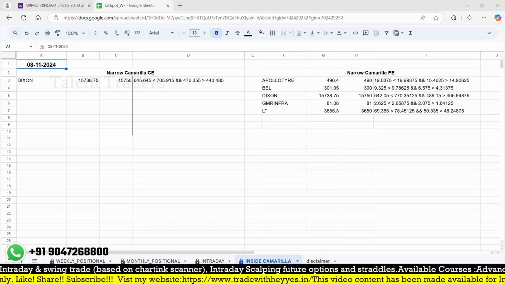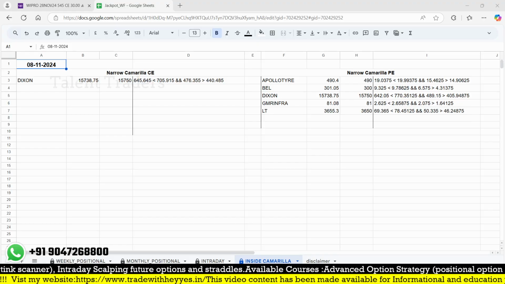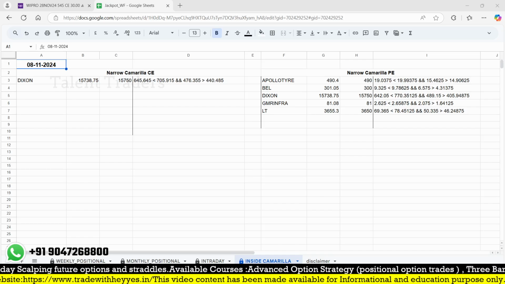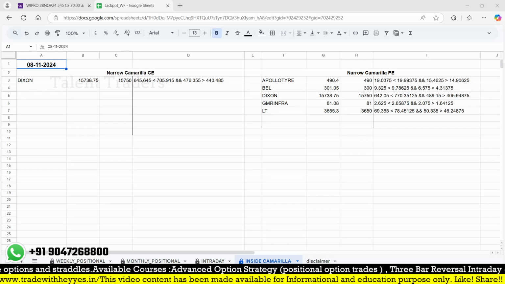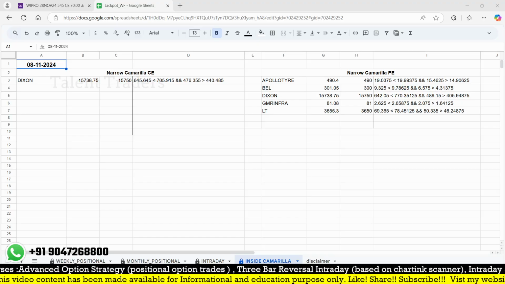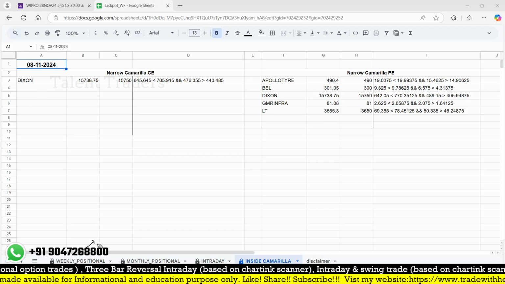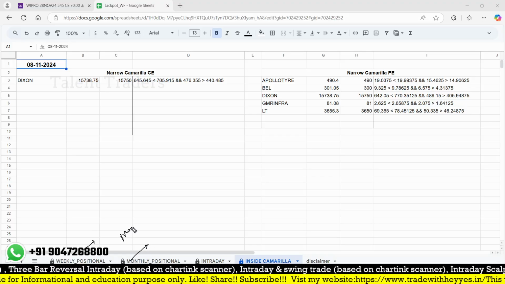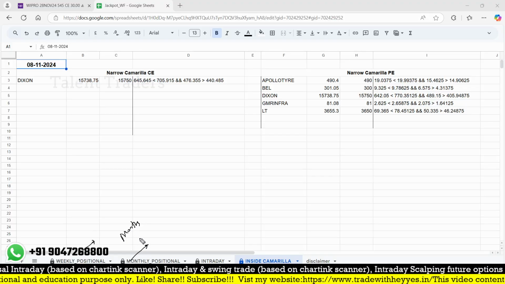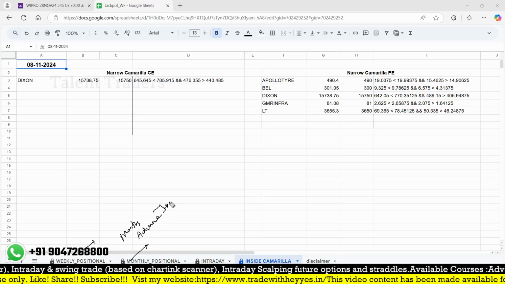We have four types of scanners in our Google Sheet: weekly positional, monthly, intraday, and inside Camarilla. First we can discuss inside Camarilla. The weekly and monthly scanners are mainly for positional strategies. These two sheets work based on monthly positional and weekly concepts, based on our advanced option strategy course, where we teach some strategies.